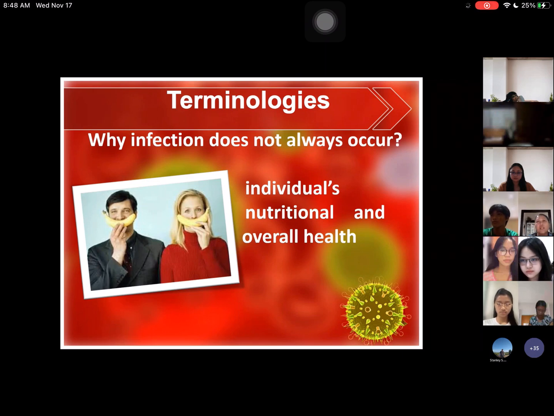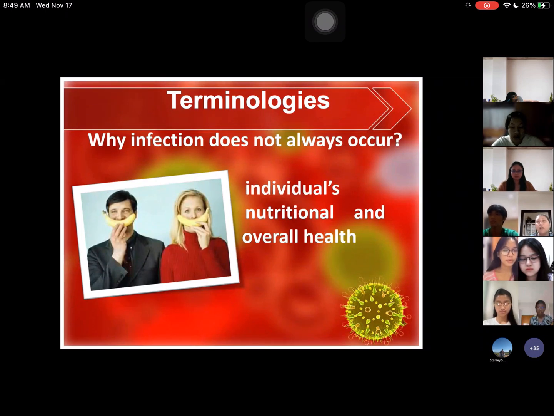But of course, if an individual is malnourished, they don't have the nutrients the body needs to fight against those infections, then they will eventually get those diseases or infections. So, as they usually say in commercials and advertisements, prevention is better than the cure.